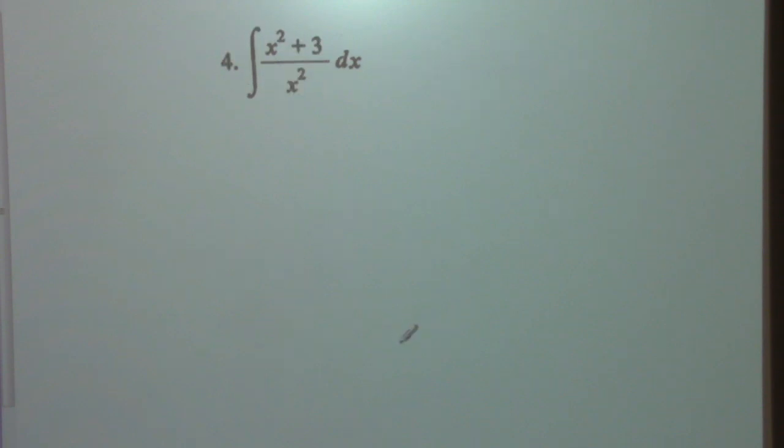Okay, Aaron said he had some problem with 4. Anybody else? Number 4? Looks tricky. Now here, what you have is the integral of x squared over x squared dx plus 3, and so 3 times the integral of 1 over x squared dx.